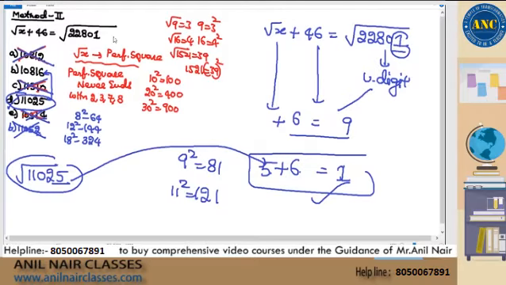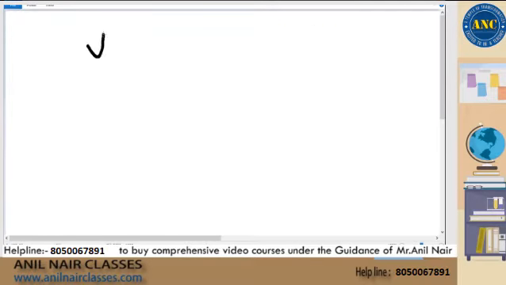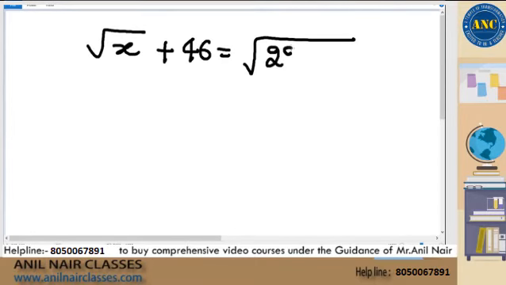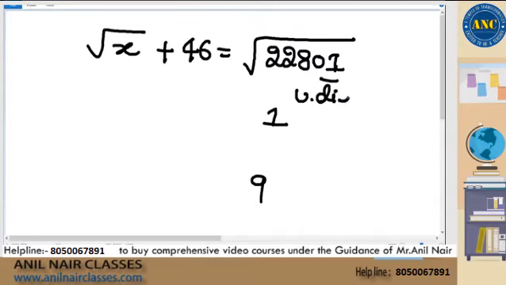Listen carefully again. Srishti, again I am explaining. Listen carefully to every problem. Root x plus 46 is 22801. The unit digit is 1. If the unit digit is 1, the unit digit of the number we are squaring should be 1 or 9.